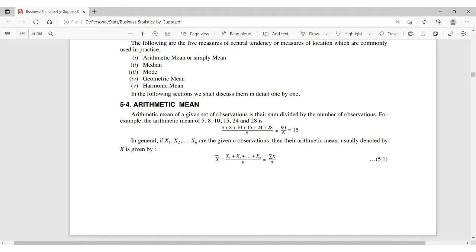X bar is the sum of all these numbers divided by the total number of observations. The sum of all numbers is x1, x2, x3 up to xn, and since there are n observations, we divide it by n.